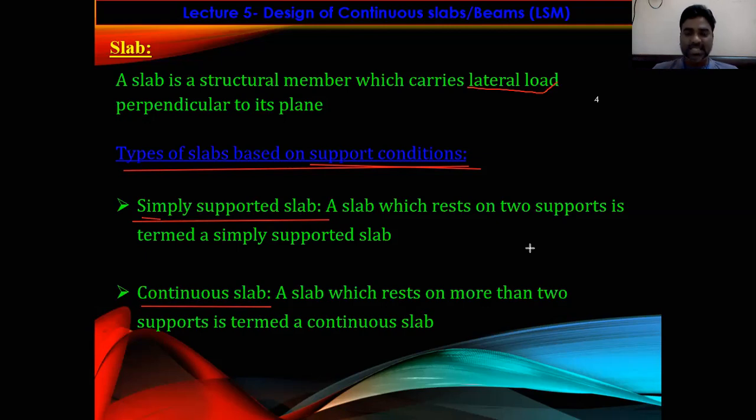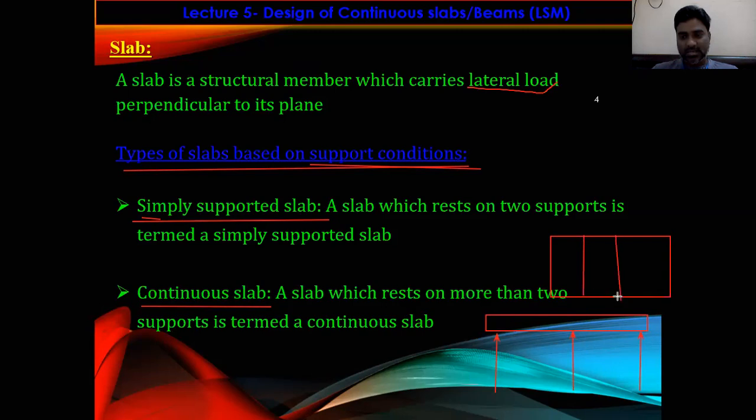For example, if I see the cross section and the slab extends over more than two supports, we call this type of slab a continuous slab. If you see in the plan, this is one support beam and this is another.